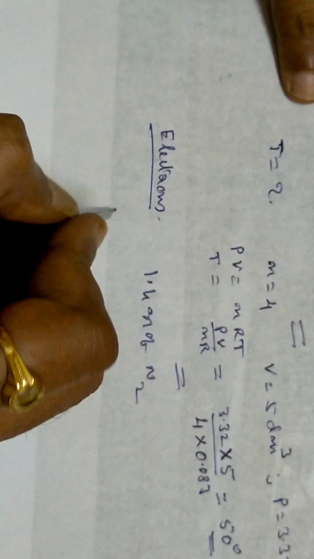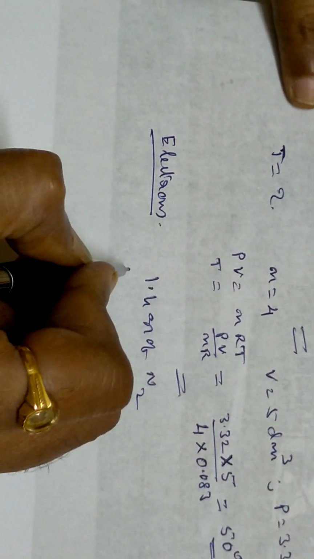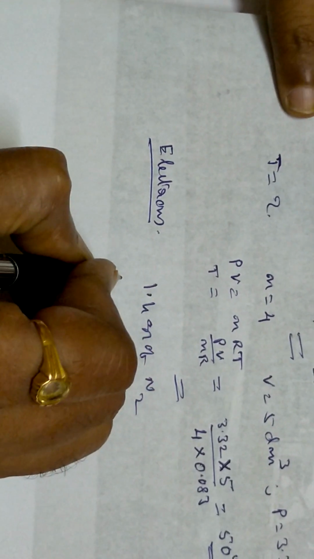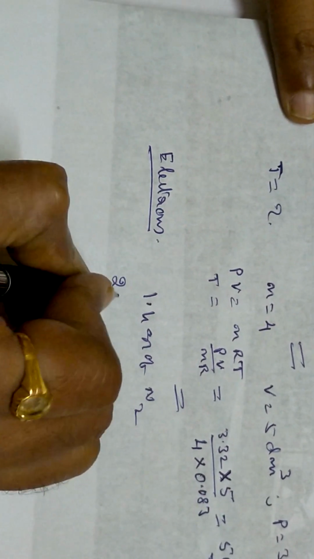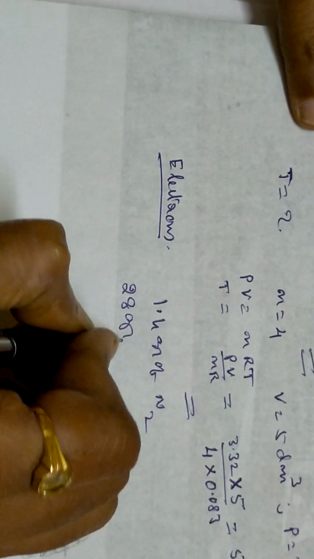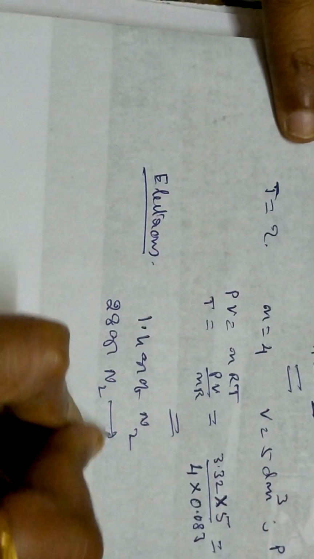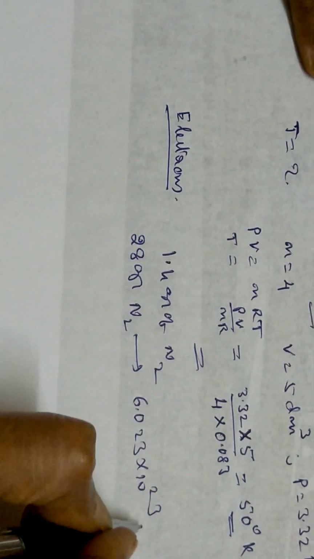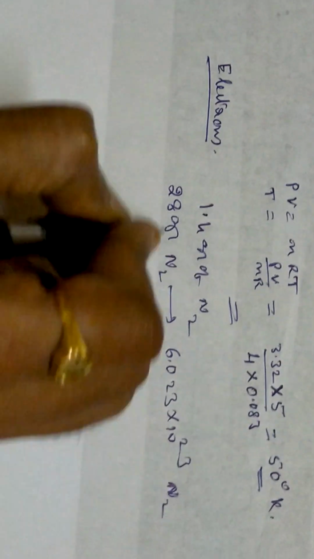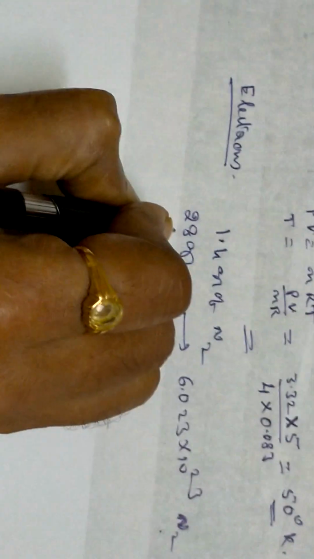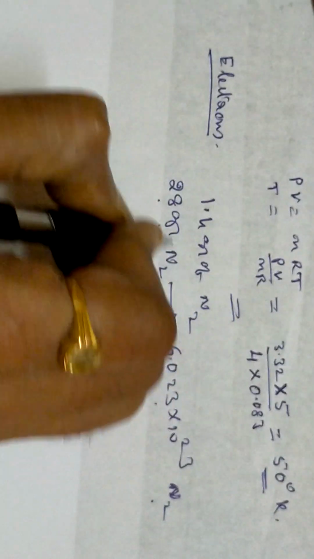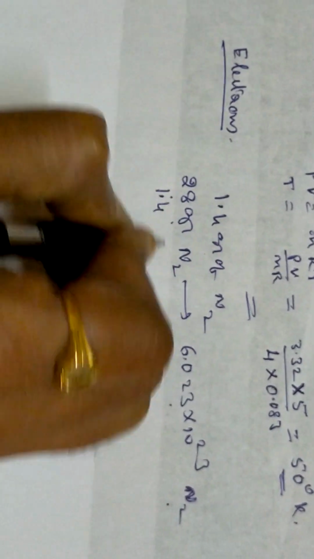We know that the molecular weight of nitrogen is 28, that means 28 grams, which is 1 mole. 28 grams of nitrogen contains 6.023 times 10 to the power 23 molecules of nitrogen. Remember, that is molecules, not electrons or protons. But the nitrogen gas here is 1.4 grams only.